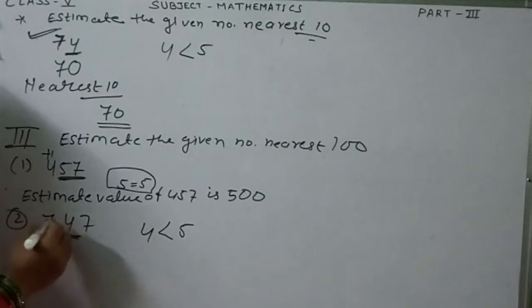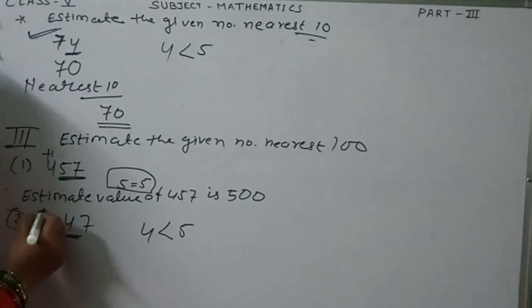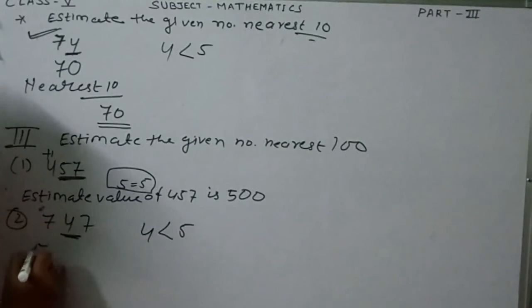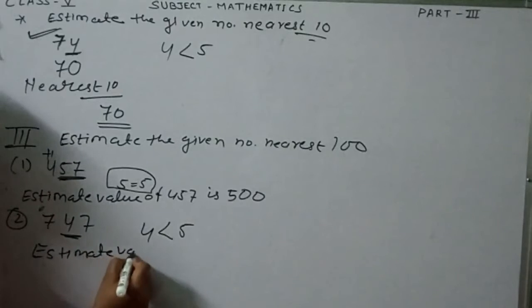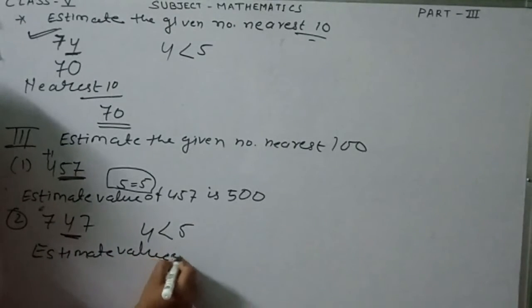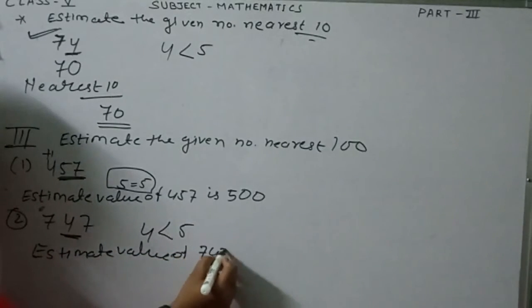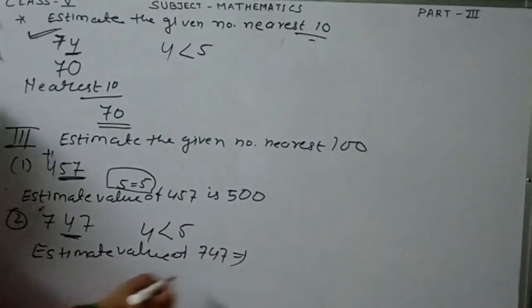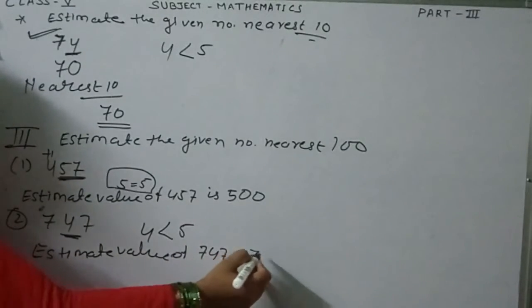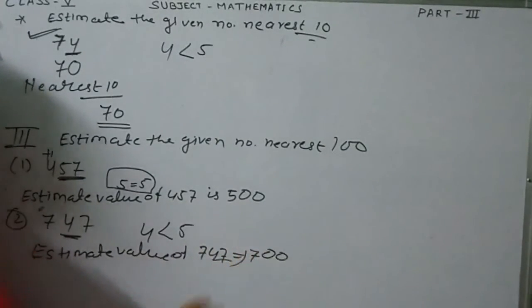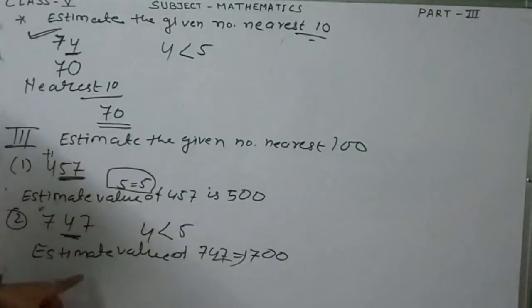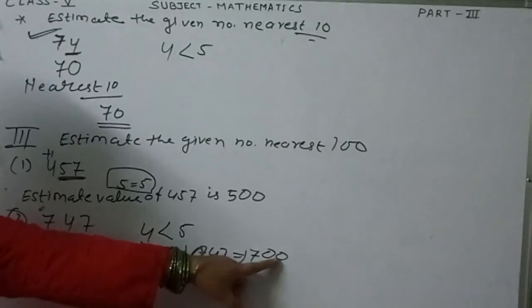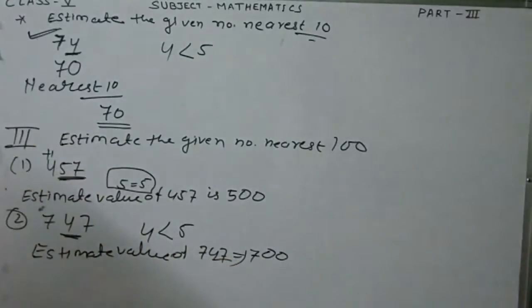So there is no need to add 1. We write the same number: the 7 stays, and the last two digits become 0. That means the estimated value of 747 is 700.